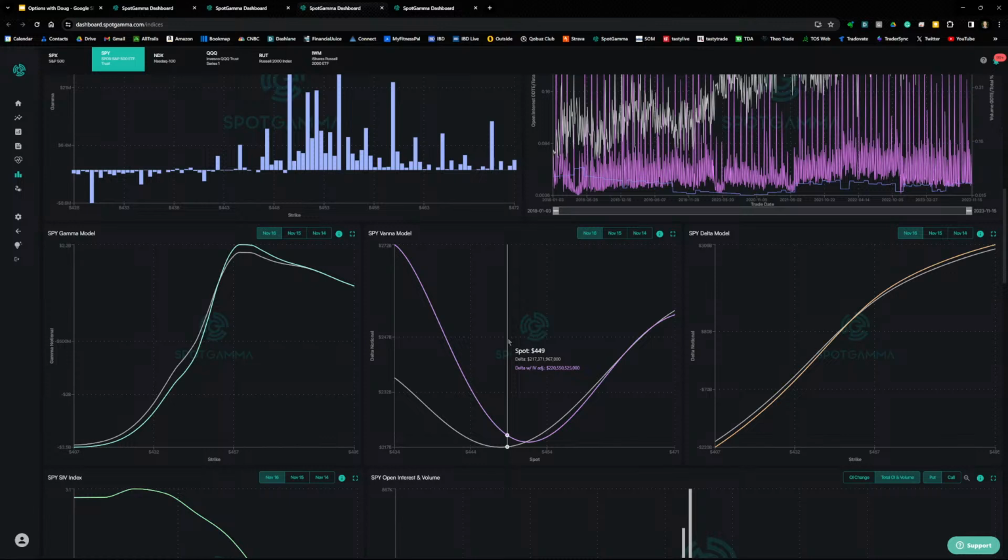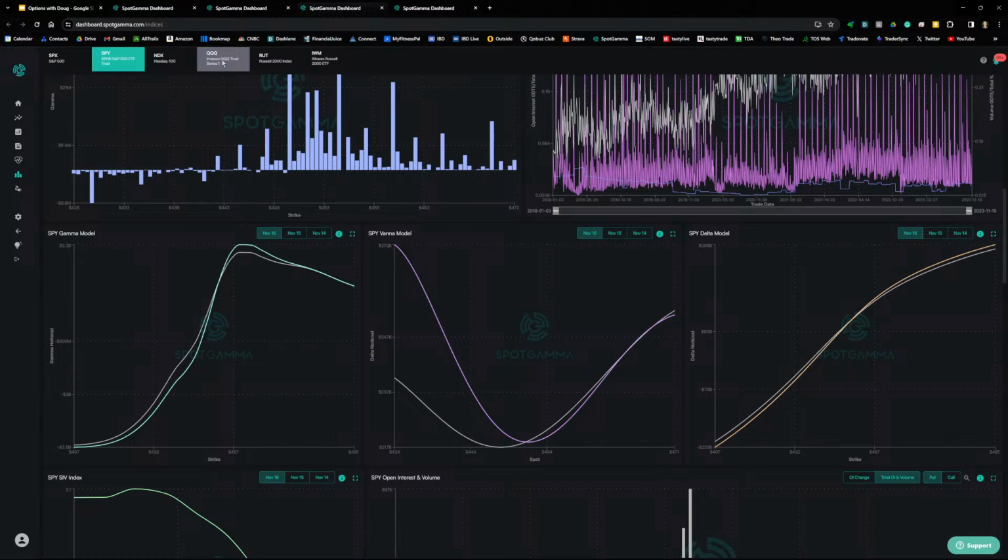And again, remember the volatility trigger is that volatility flip line for SPY. So SPY is trading right at that level, and on a move below that level, market makers would have to start selling futures to hedge their delta exposure, and that could accelerate any move lower.